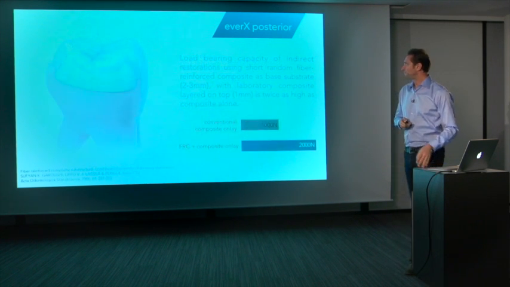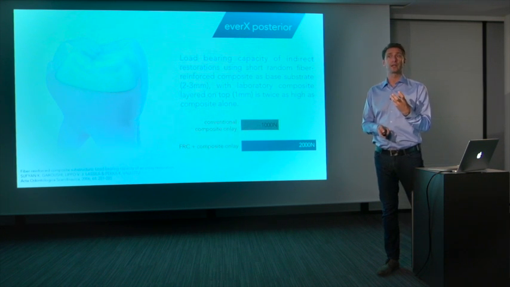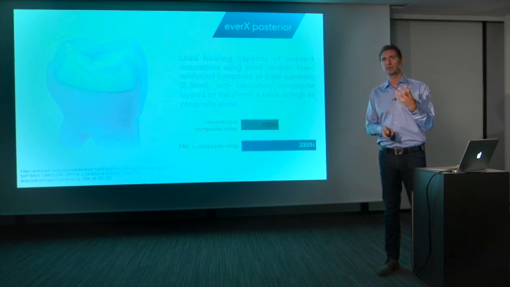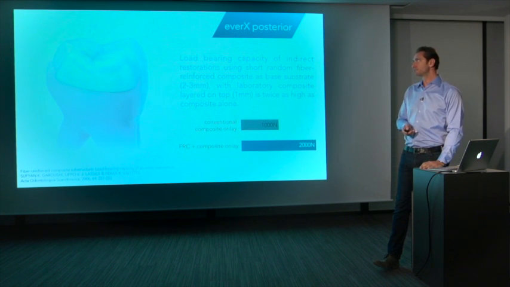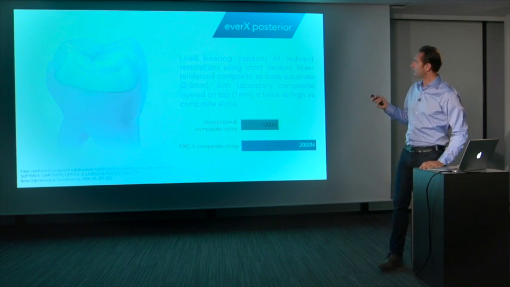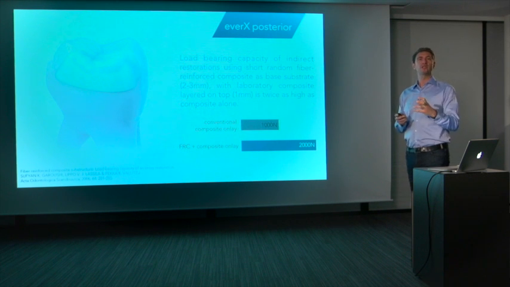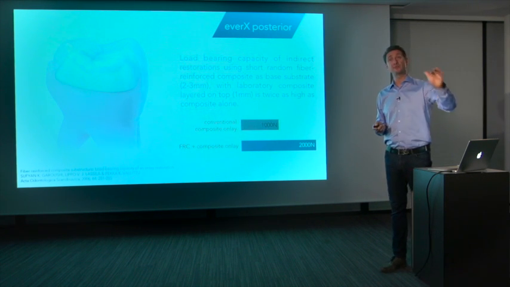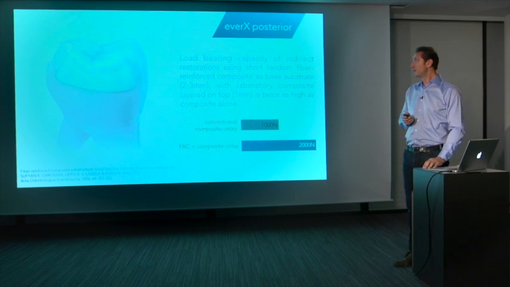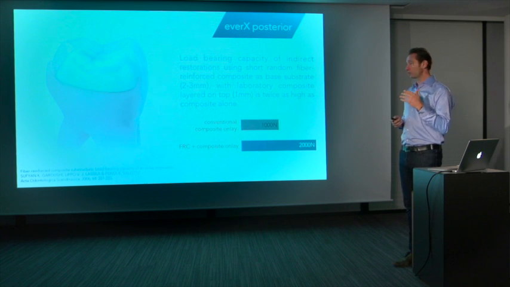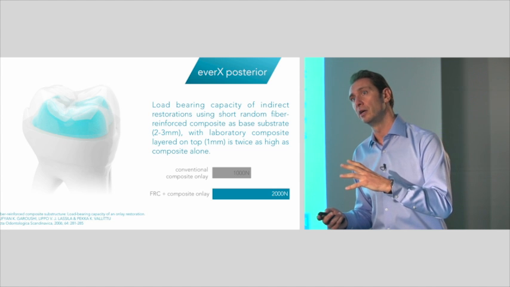Now, let's look at the real potential of a material. You can think of use of a material in a direct or in an indirect way. Let's imagine that we put some X posterior as dentin replacement. We layer it with a cover, a top of regular composite. We will increase the total load-bearing capacity by having the fiber reinforced material underneath.